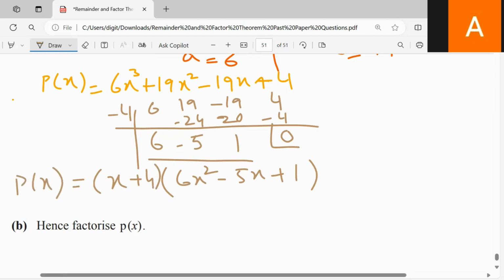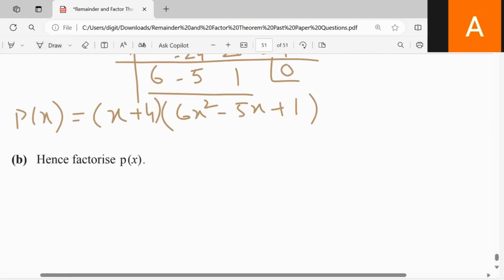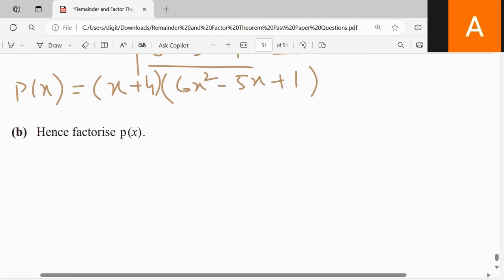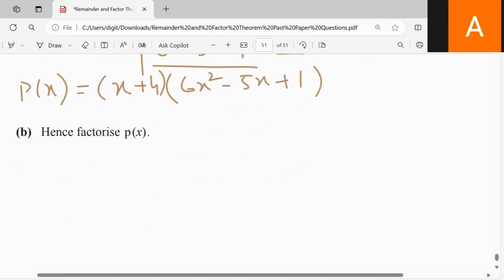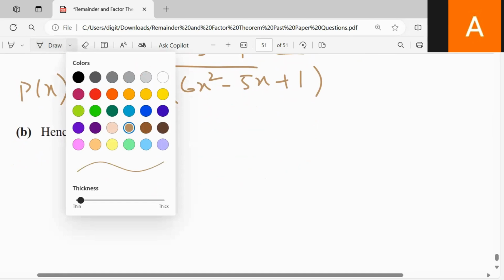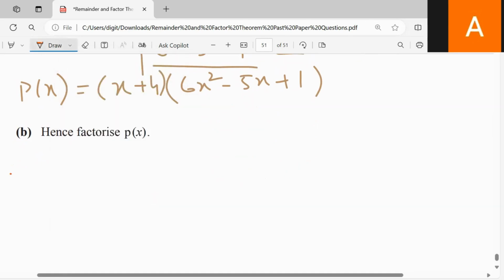Now you have to factorize it completely. You can write here x plus 4 is linear. Now you divide the middle term into two parts, using the mid-term breaking rule.